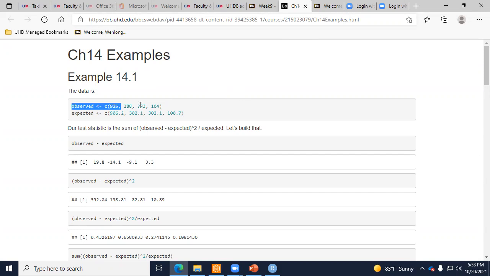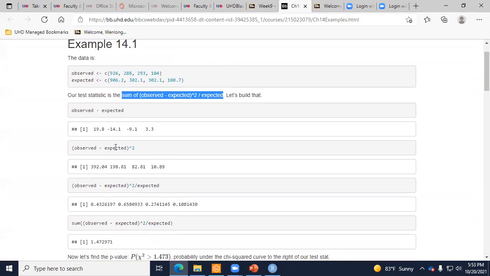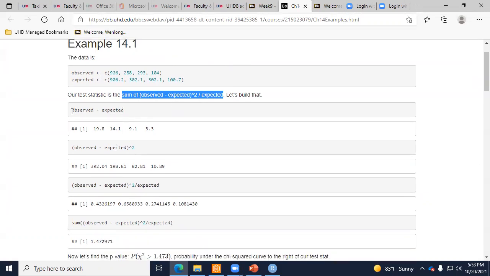So we know the observed data, and we calculated the expected by using n times pi star. And next, we will calculate our test statistic, which is the sum of the squared difference divided by the expected count. This is step by step. We take the difference and take the square of them, so we get 4.